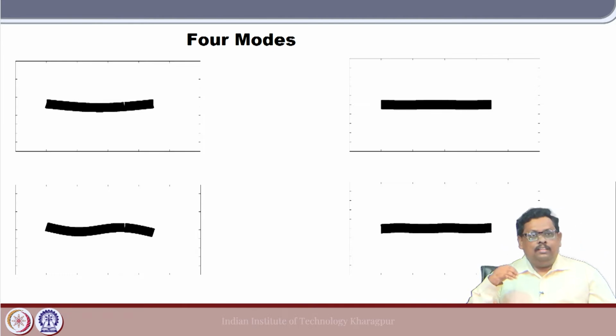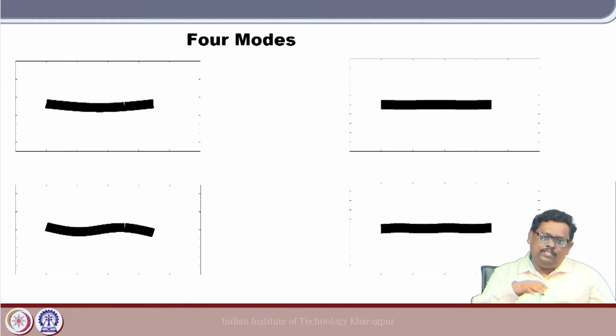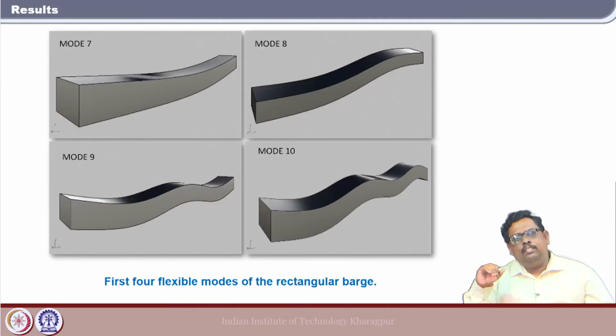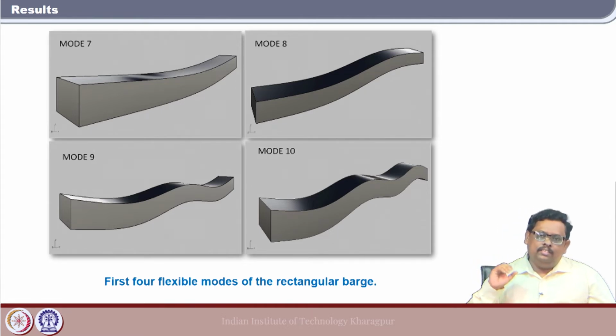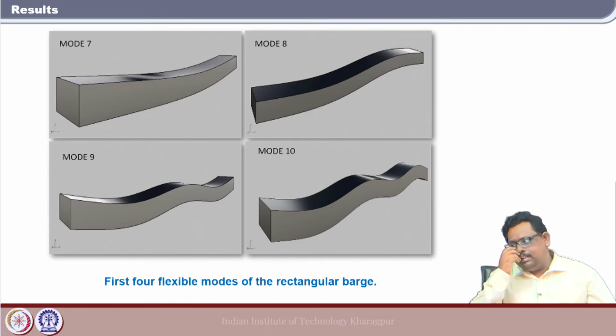It is good for us that though it can oscillate in an infinite number of modes, only the first few modes are actually making some impact. So we can take, let us say, the first 4 modes as your mode shapes, and ignore the remaining ones, as their impact is not influential.